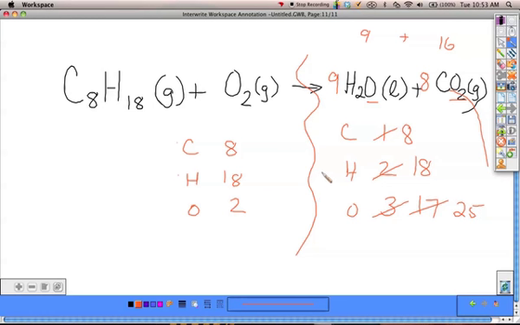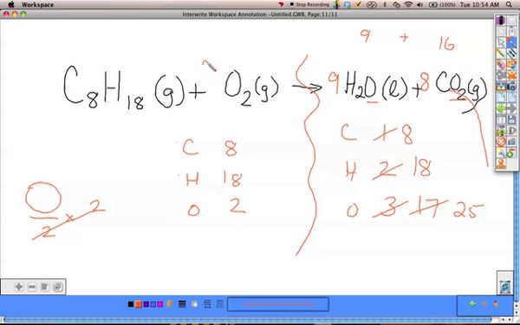Now there's one instance where we can use a fraction. And this is that one instance in balancing where we can use a fraction. What we can do is say, I know if I have something divided by 2 and I'm multiplying it by 2, whatever answer I get is whatever my numerator is.